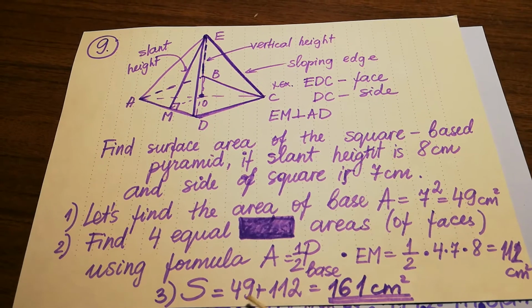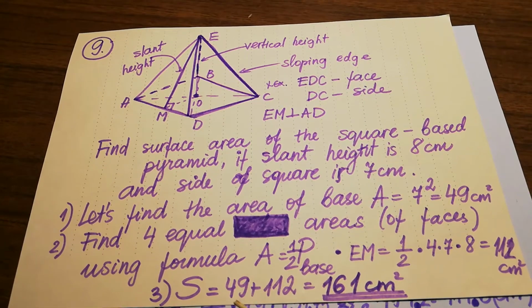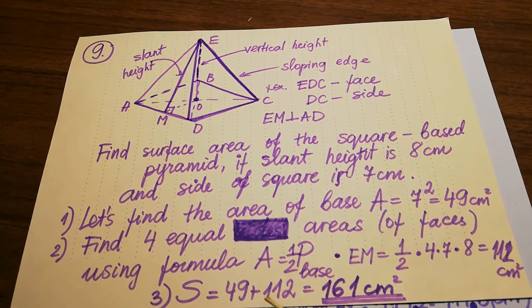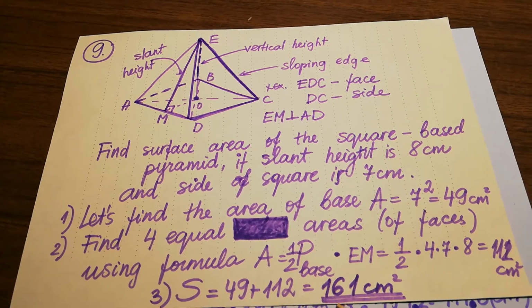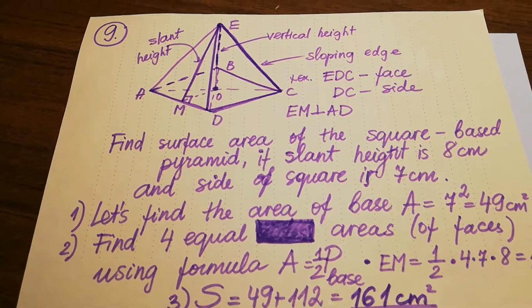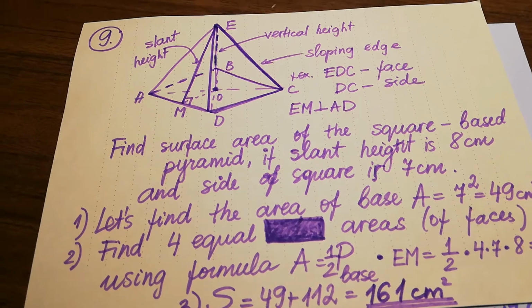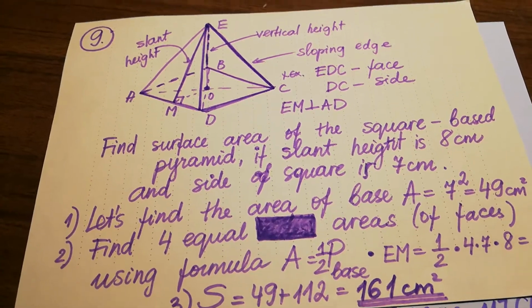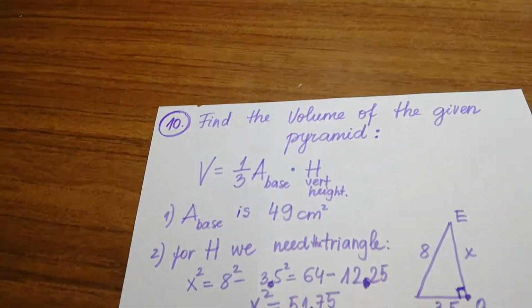Then we have to sum 49 and 112, and we can get 161 square centimeters for the surface area.